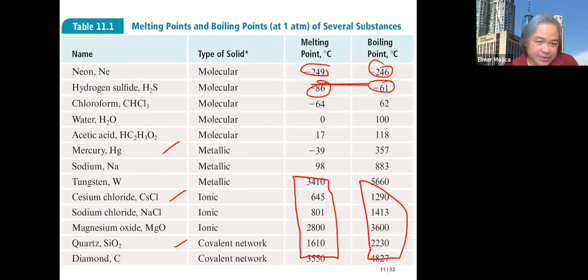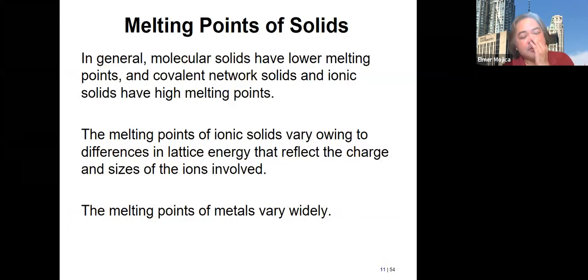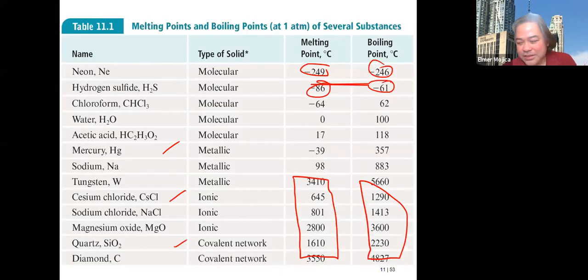Okay, I don't know if you're going to believe me. Among the things here, the hardest are the metals, although diamond is listed as the hardest material according to the Mohs scale.